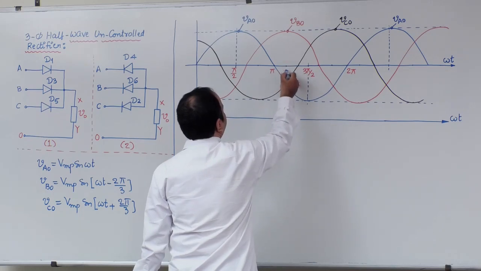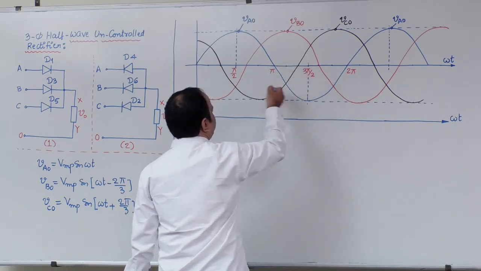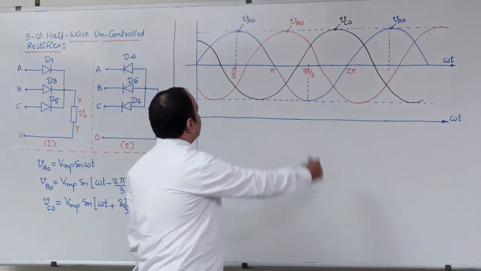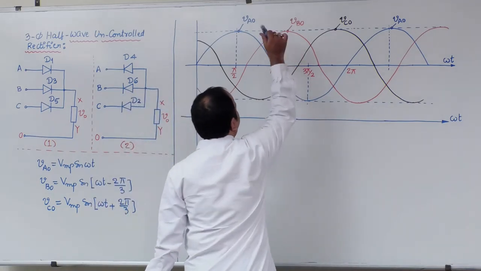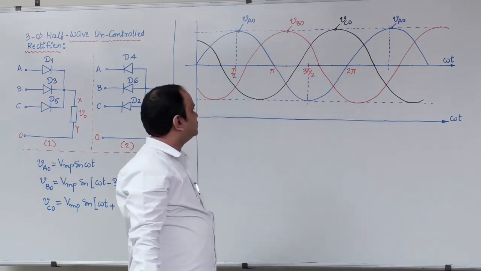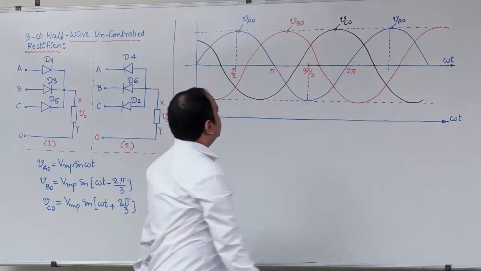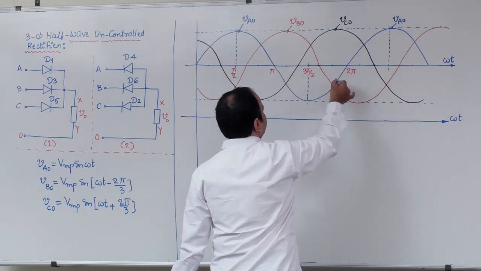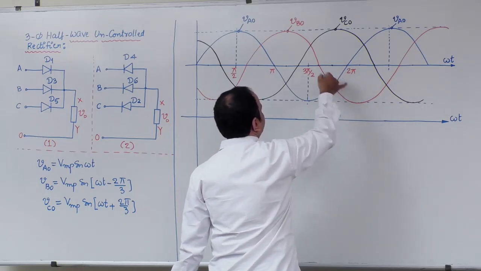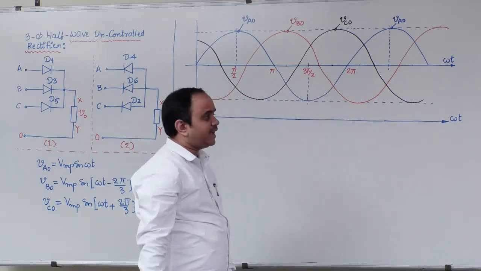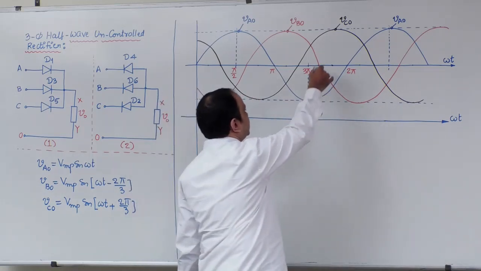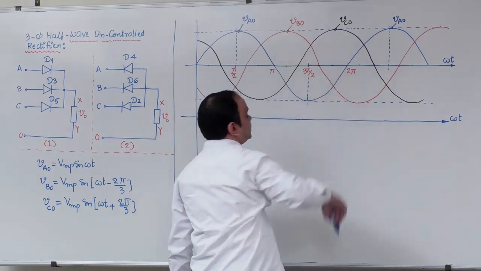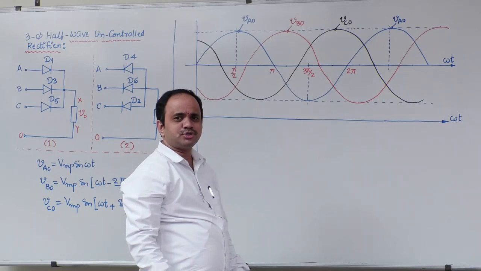At 210 degree, blue and black are crossing in the negative side. At this instant, red one VBO has positive peak. Next, this instant 330 degree. At 330 degree, blue and red are crossing in the negative side. At that instant, black one VCO has positive peak.